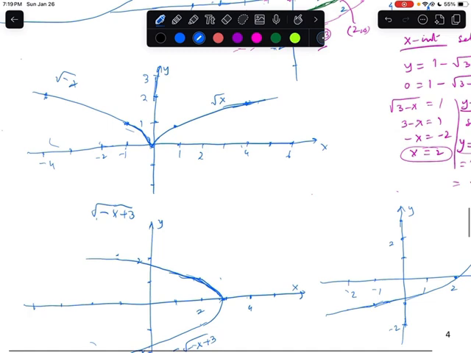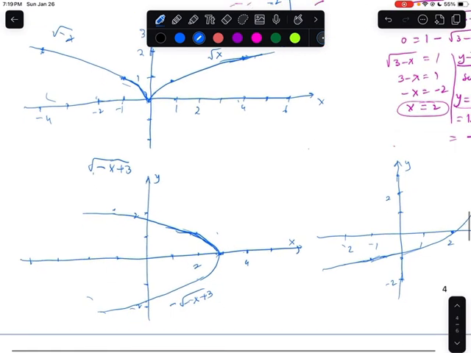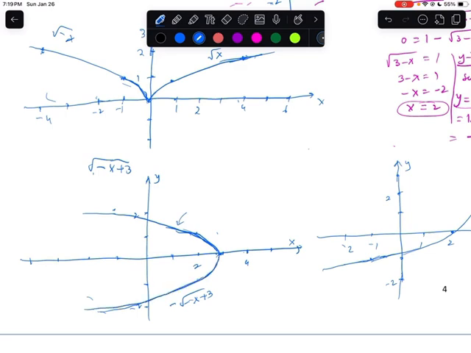So this is the shift right 3 units, and I didn't draw another one for this, but it's okay. So this one was the flip over the y-axis and then shift right 3 units.